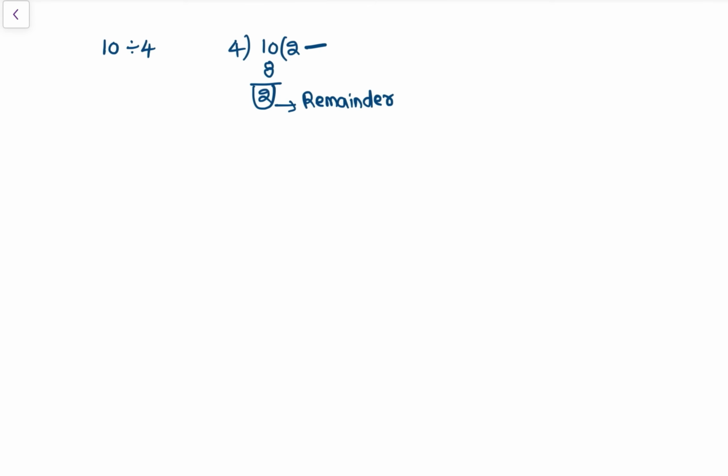10. 2 is called the quotient, then 4 is called the divisor, and 10 is called the dividend.